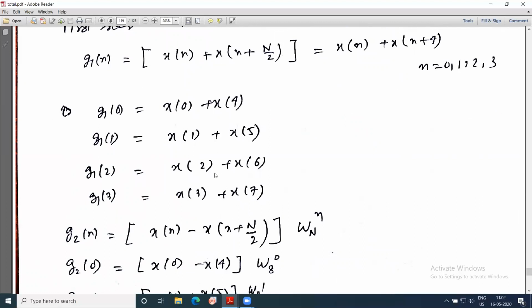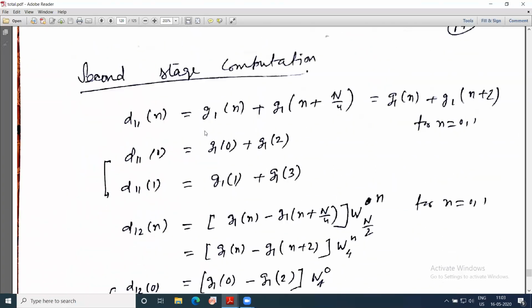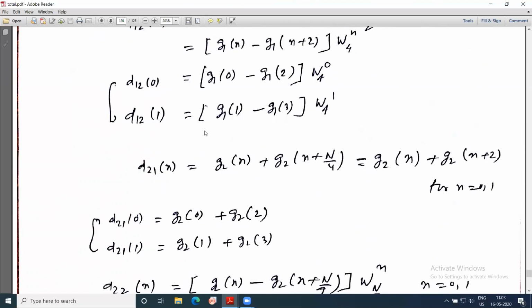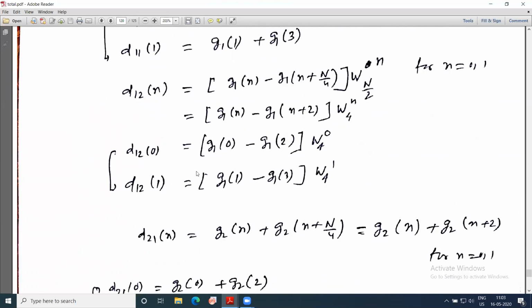Multiplication only in G2, but multiplication is not applicable to G1, is it not? And again, if you look at D10 and D11 of 1, there is no question of multiplication. But multiplication is in D11 of 0, D10, 1 to 0, and D12 of 1.